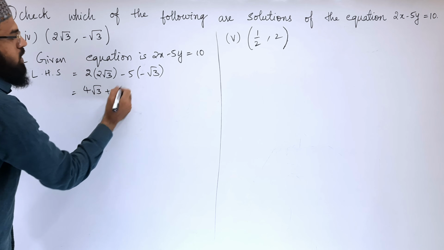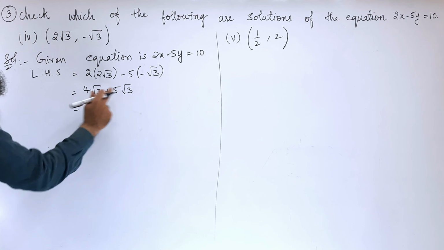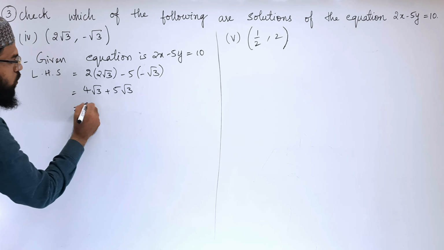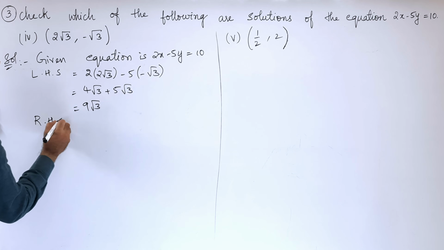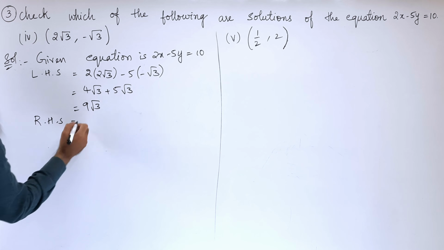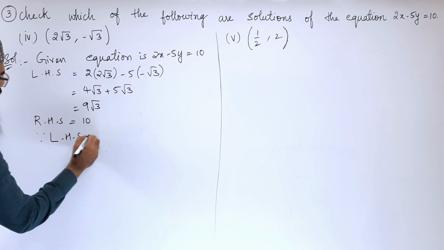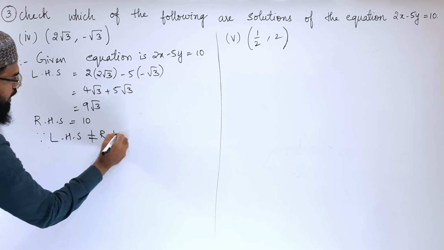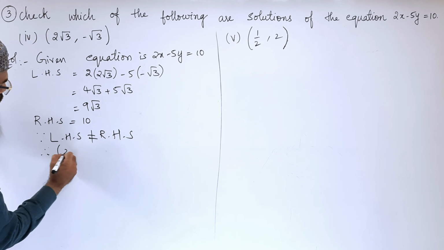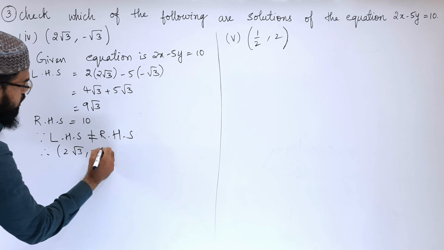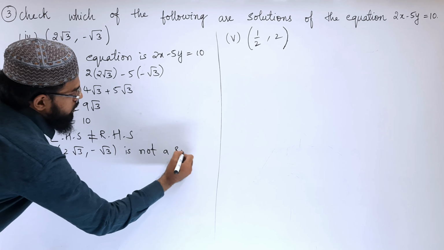Minus into minus plus, 5 into root 3 is 5 root 3. So 4 root 3 plus 5 root 3 is 9 root 3. Next we know the RHS. RHS is 10. So since LHS is not equal to RHS, therefore we can say that (2 root 3, minus root 3) is not a solution.